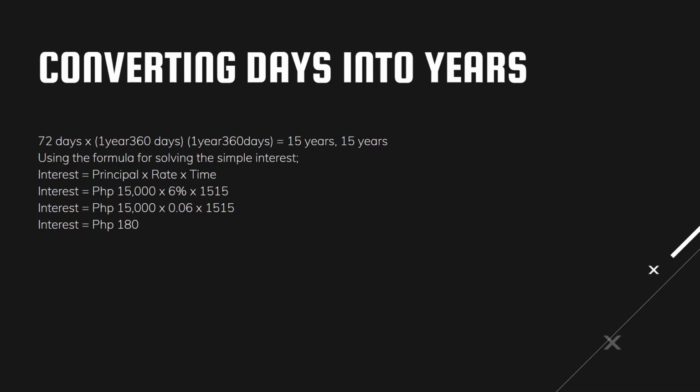Using the formula for solving the simple interest: interest equals principal times rate times time equals 15,000 pesos times 0.06 times 1/5. Interest equals 180 pesos. Therefore, the businessman will pay 180 pesos interest.